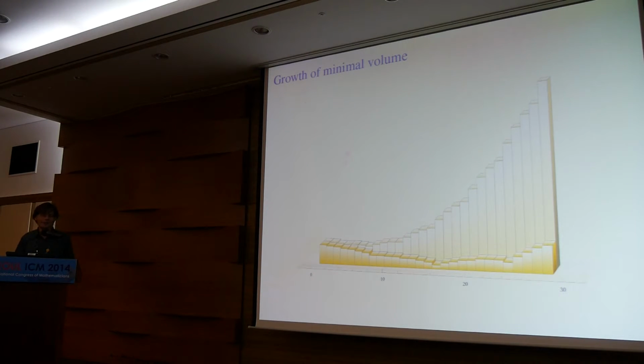This is a very interesting geometric phenomenon, I think, which can be explored more. It first appears in dimension 6, I will show it later. Here the difference is really small, but in higher dimensions the difference becomes really dramatic.